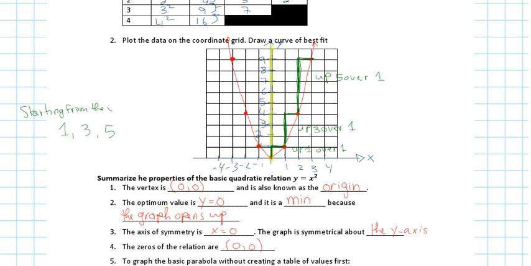To find my next point, I go up 1, over 1, up 3, over 1, up 5, over 1. But it depends on what kind of stretch or compression I have. It could be a multiple of it. That's why we say the pattern from the vertex is a times 1, 3, 5.